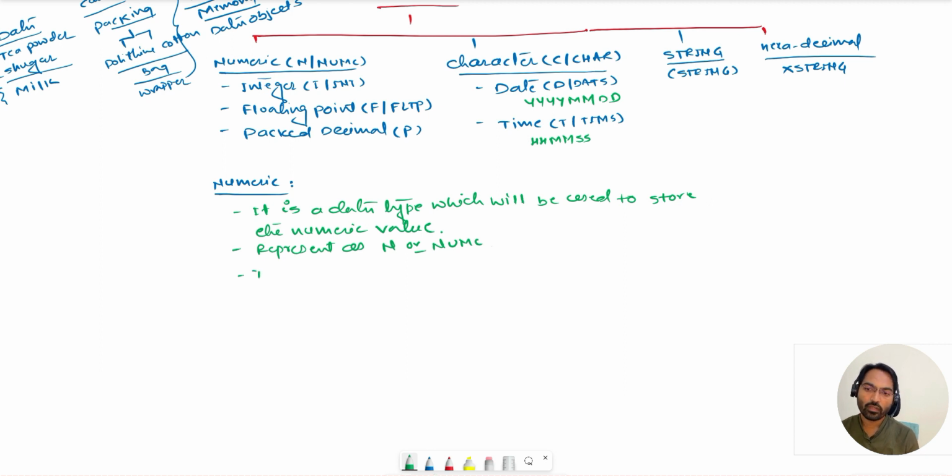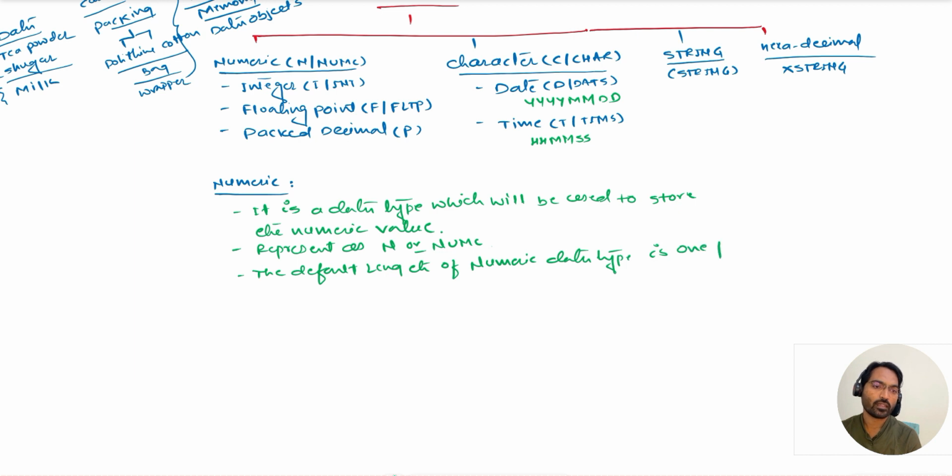And the default length of numeric data type is 1, or I can say single length. Now, what is the meaning of this?